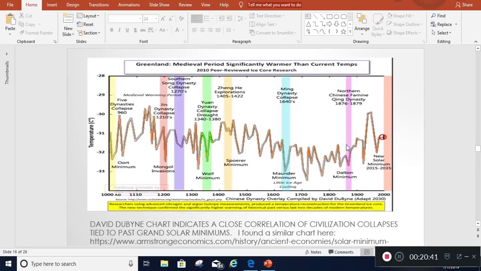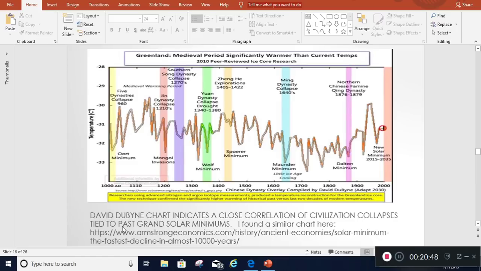All right, so this is a chart that David Devine has put together from his particular website, and I also found this on Armstrong Economics. So this has been put together by several people, and they've identified that there's been tremendous changes in our climate that have collapsed major civilizations, and China is one of the ones that's highlighted in here because they have such a long history.